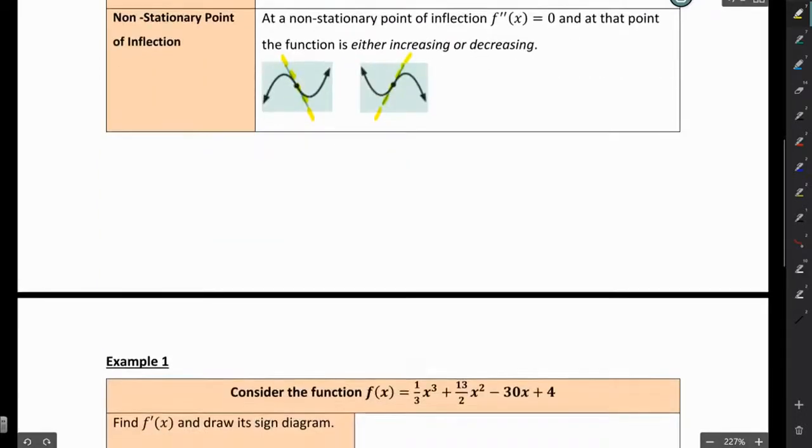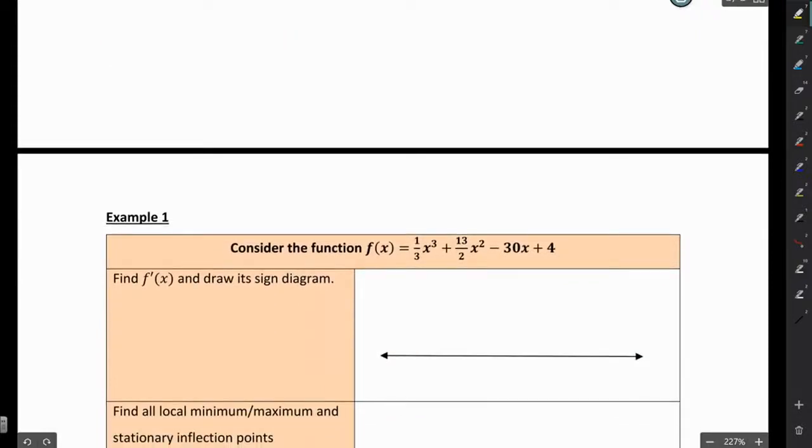So we're just going to go through one example, just kind of go through it all one more time, make sure you're feeling good about it before you do some more practice. And we're going to take the first derivative.